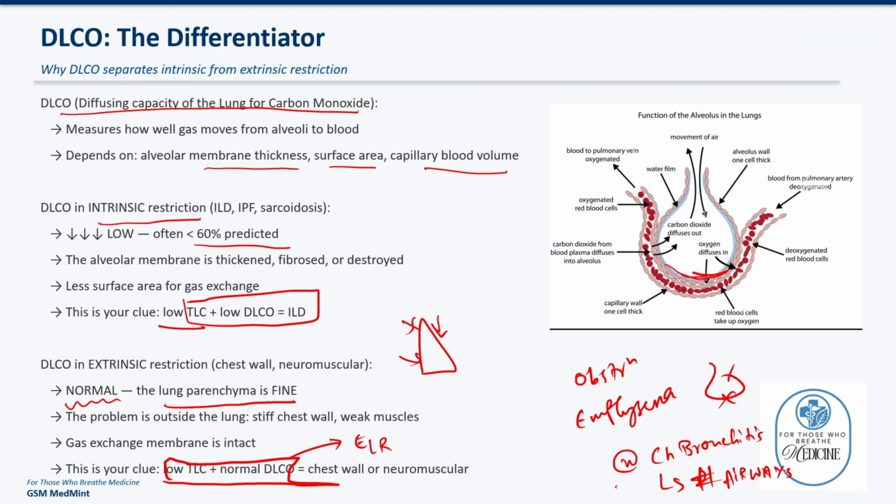So if the DLCO is low in an obstructive patient, it tells you that there is some emphysematous component. The DLCO is the most underutilized number in pulmonary function test interpretation. It tells you whether the problem is in the membrane, the airways, or outside the lung entirely. So always look for the DLCO.